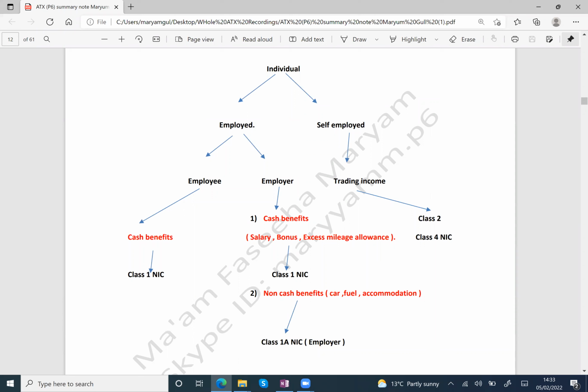One individual is called employed and one is self-employed. Self-employed means someone who is running his own trade, his own business.